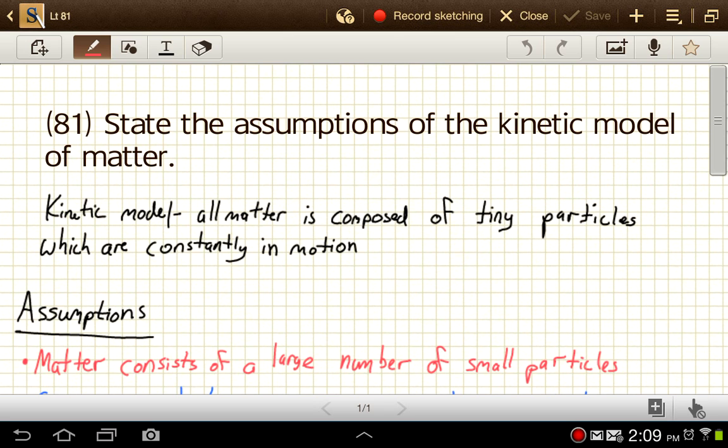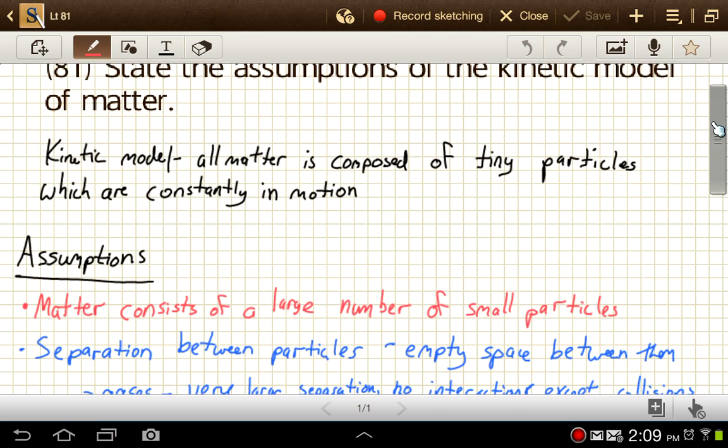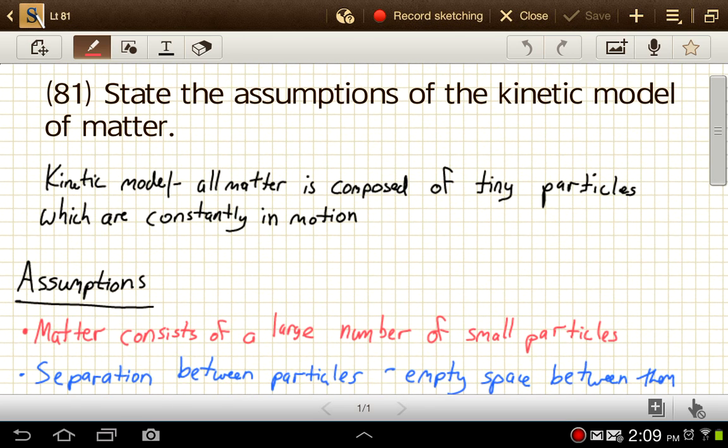So the basic idea is that everything's made of little tiny particles, but we have a few assumptions that we make for calculation purposes, primarily just to make things a little bit simpler or less math heavy. So first off, we assume that matter is made of a very large number of small particles, lots and lots of atoms and molecules in any macroscopic object we would deal with.